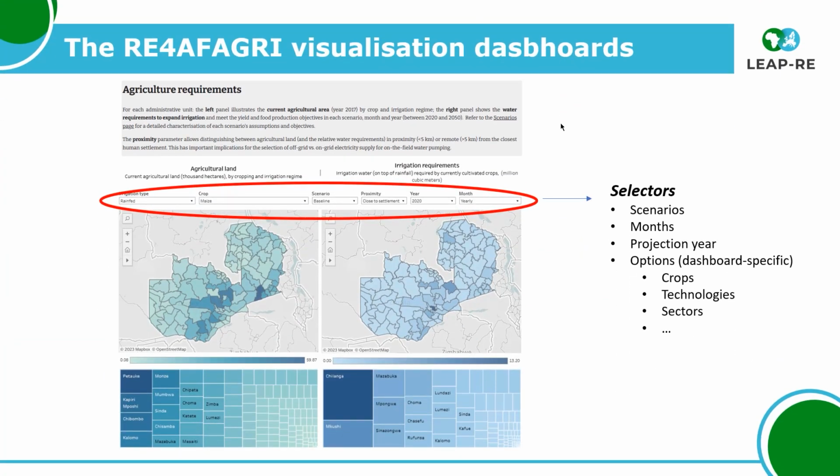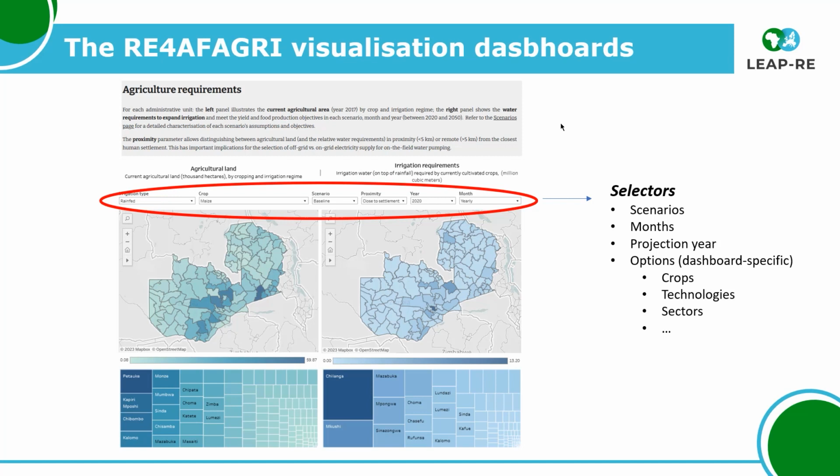Once entering a dashboards web page, it is then possible, for instance, here we are showing the irrigation requirements and agricultural dashboards, to visualize different subnational units of a country and the distribution of an indicator of the user's choice onto a map that represents in shades of colors and also with numerical values the corresponding indicator value.